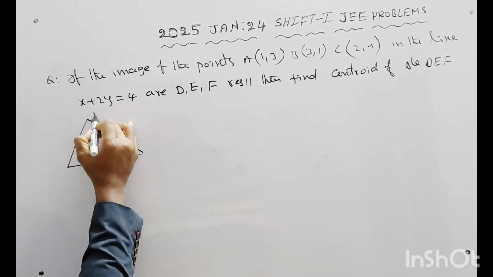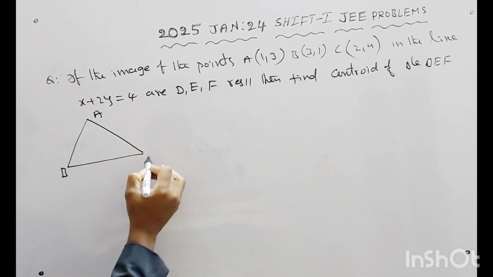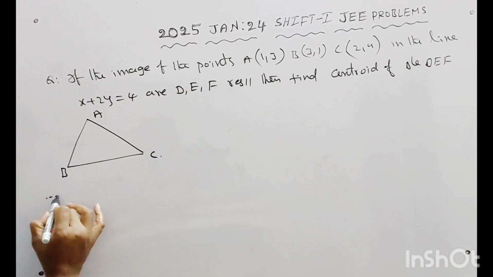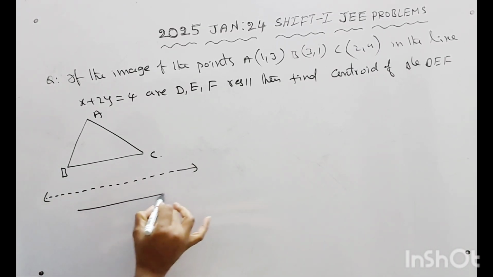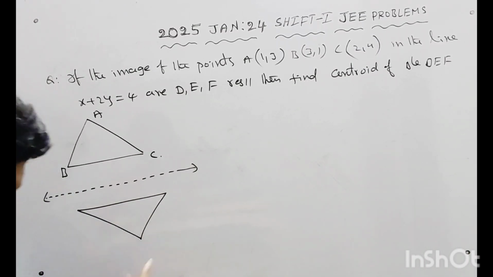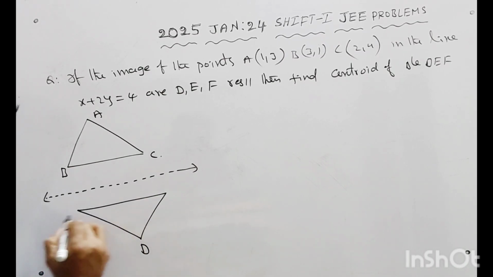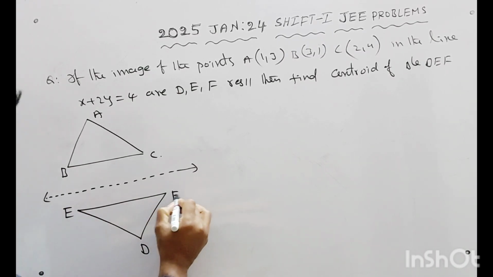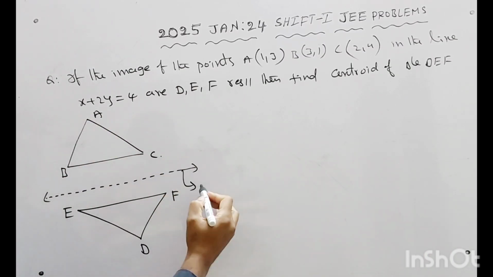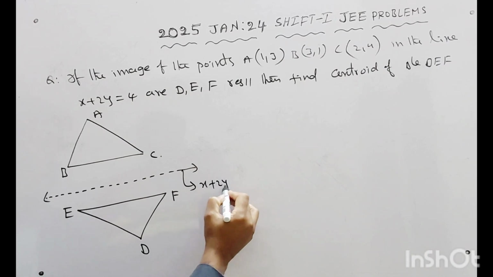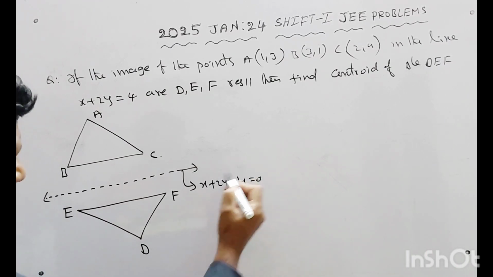So this is the triangle ABC, and with respect to this line, this is the reflected triangle, which he told is DEF. The line equation is given as x plus 2y minus 4 is equal to 0.